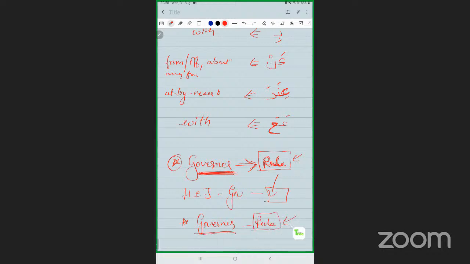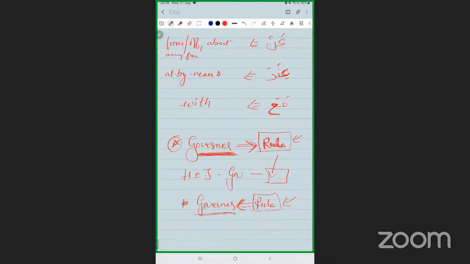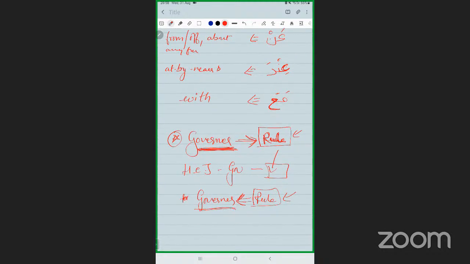Everybody follows the rule of the governor. So they are really strict about their rule. They are the king of the country, king of the state. They are very strict about their rule. Wherever they go, they want all the words to follow their rule.